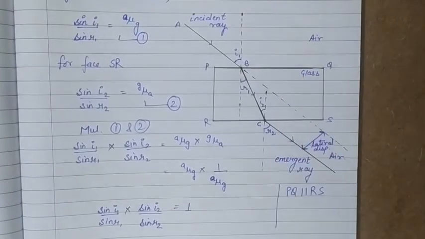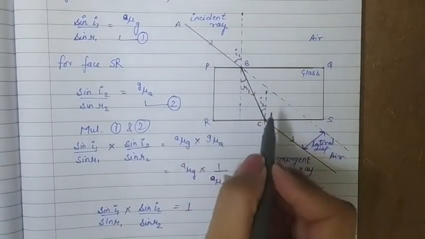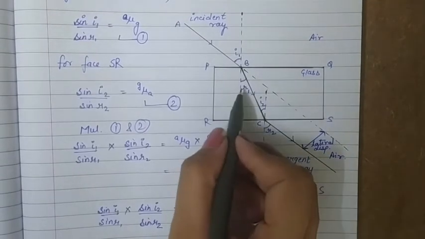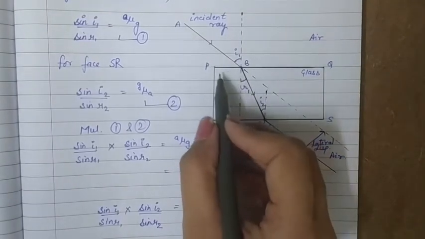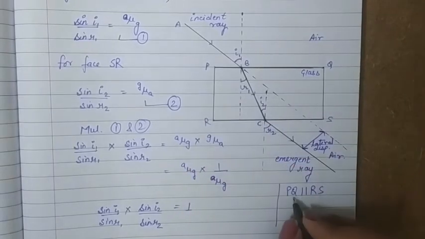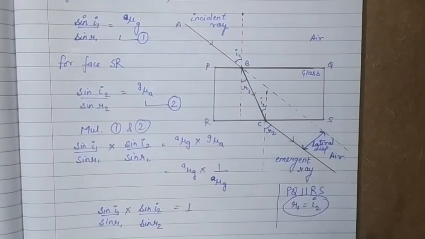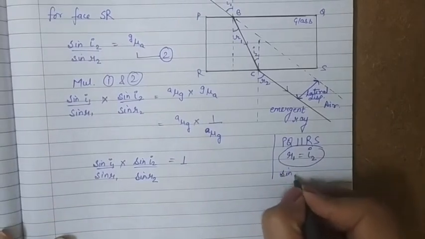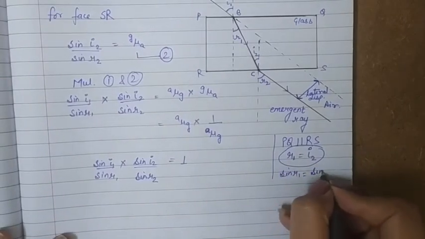So the angle R1 and angle I2 represent alternate angles for these parallel lines. So since PQ is parallel to RS, angle R1 is equal to angle I2. Since R1 is equal to I2, sine R1 will be equal to sine I2.